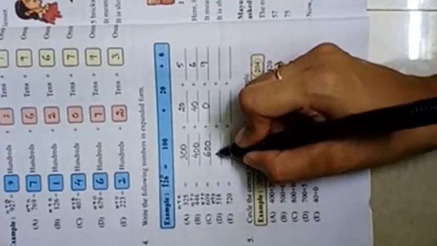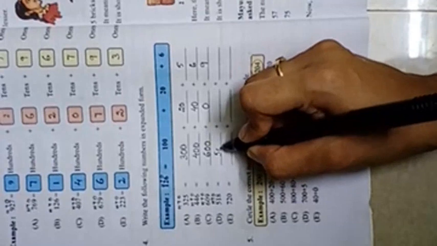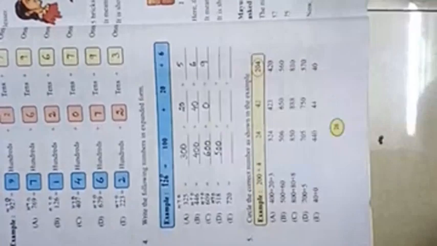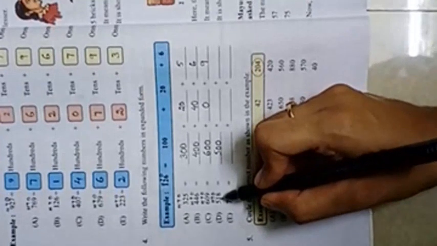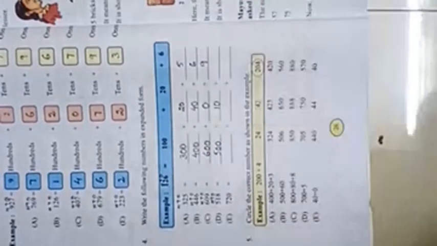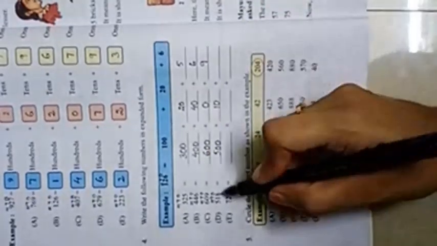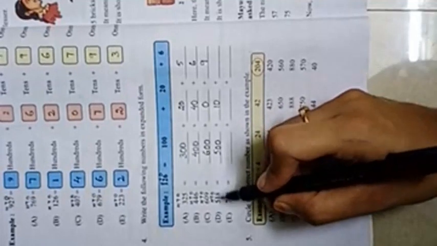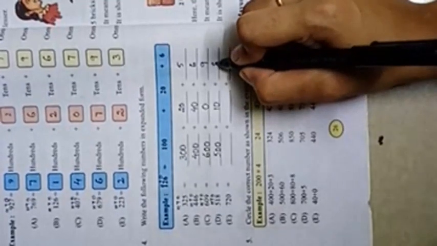So 5 multiplied by 100. 5 hundreds are 500. Next, how many tens are here? There is 1 ten. 1 ten is 10. Next, how many ones are here? There are 8 ones. So 8 ones are 8.